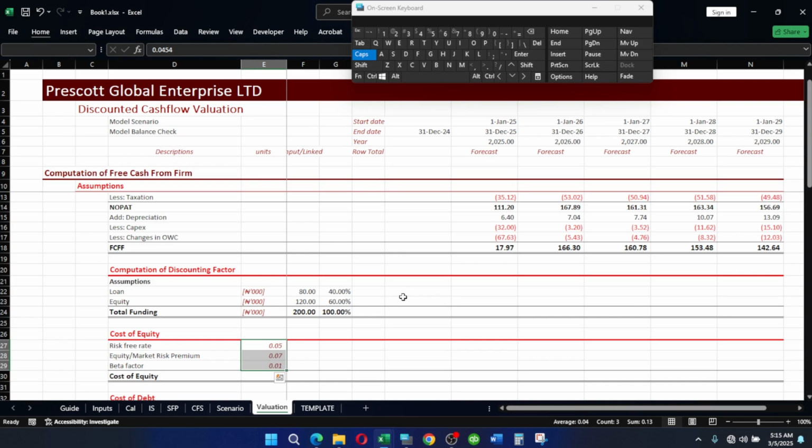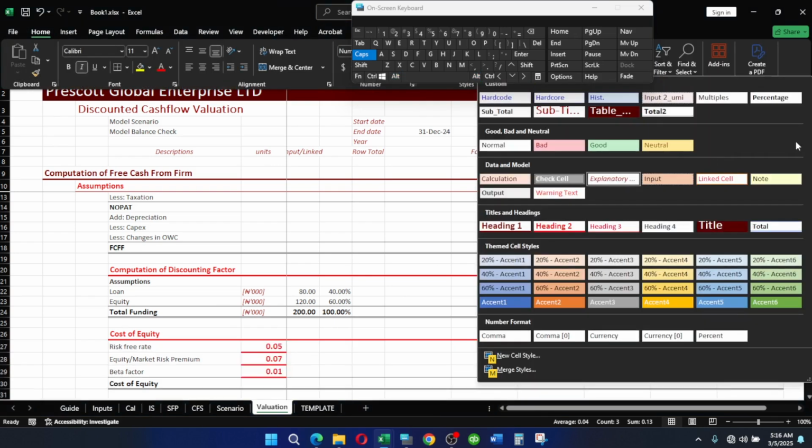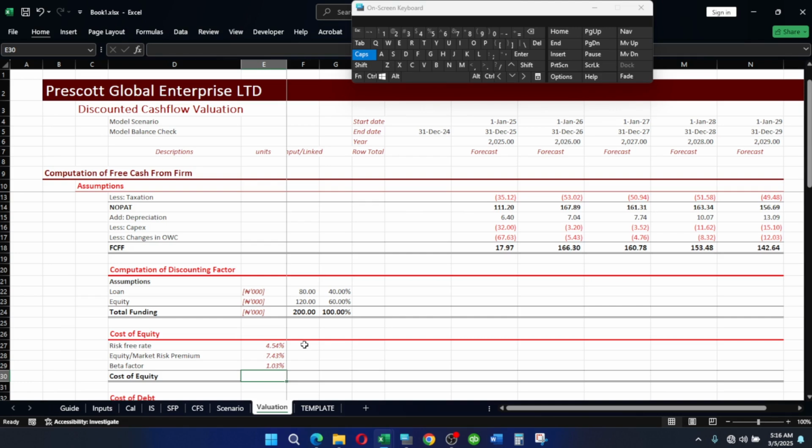We use economic metrics from publications on the Federal Gazette or on the stock market. You can get the risk-free rate, the equity or market risk premium, and the beta factors. You can do research on the company and on the industry specific that you're modeling for to get these values. So let's format this into a percentage. So this is what we have as a percentage.